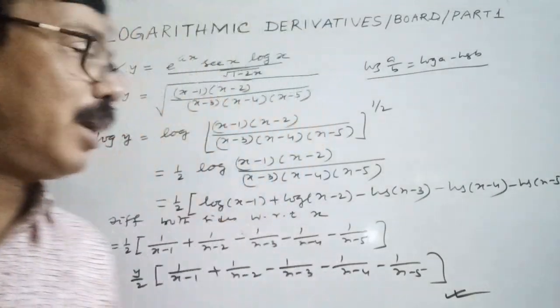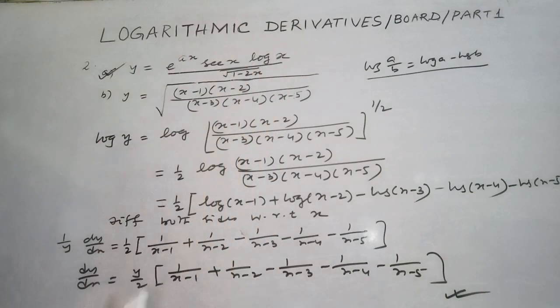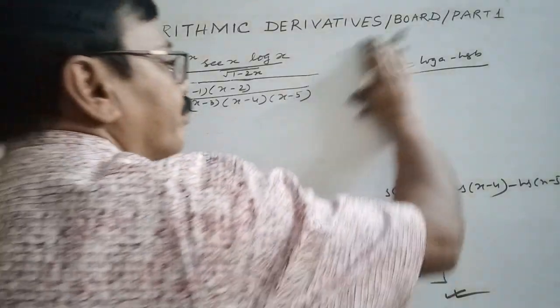So if it is given as a ratio of several functions, we use logarithmic differentiation.